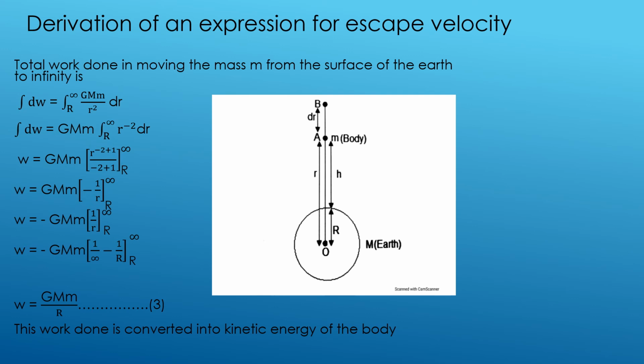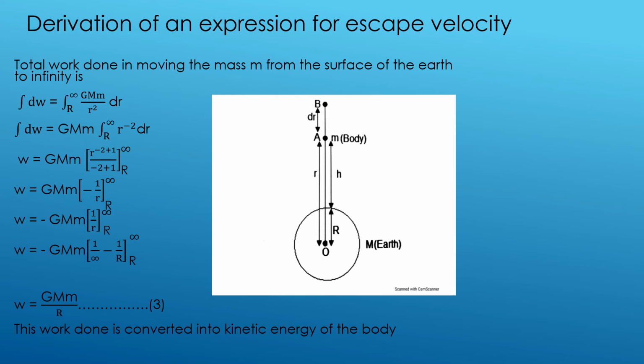So, next we take the constant terms outside the integration: capital G, capital M, small m, with the limits R to infinity. 1 by r square we take as r raised to minus 2, dr. In the next step, we integrate that term.